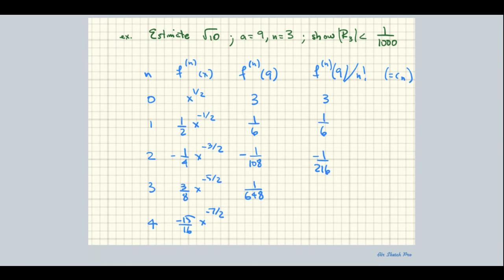What did you do? 1296? Oh, your C3 is times 3 factorial. Yeah, okay. And just getting that, that's 1 over 3888. Okay? There we go.